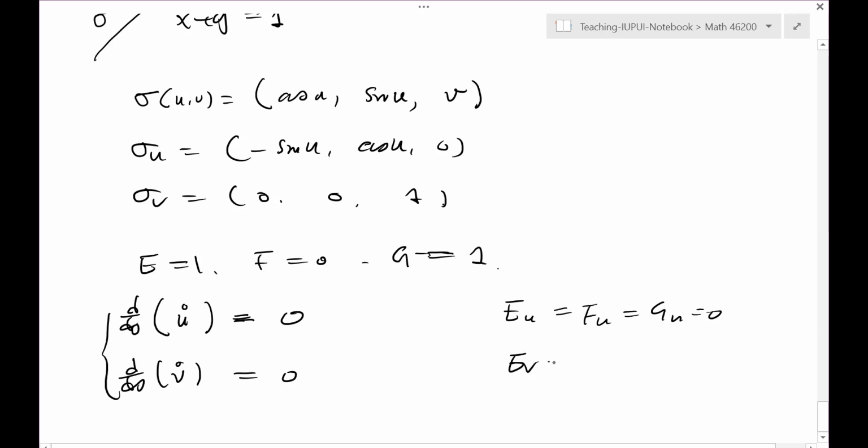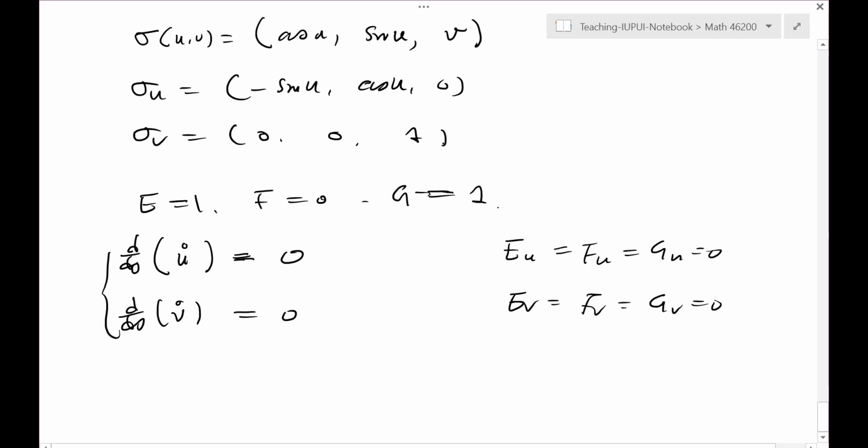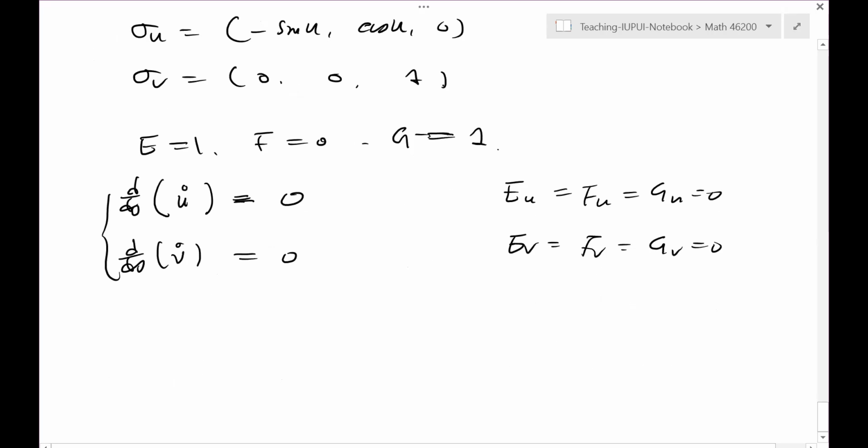So when you plug them into the terms on the right hand side, they're all equal to 0.